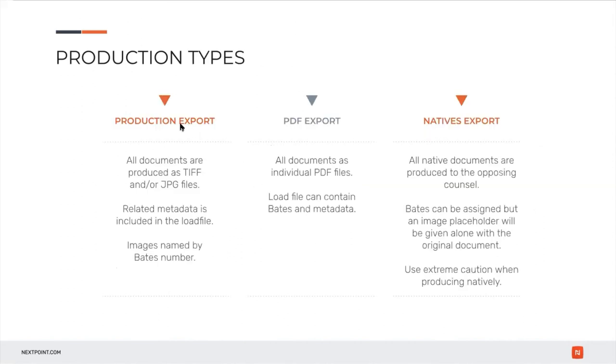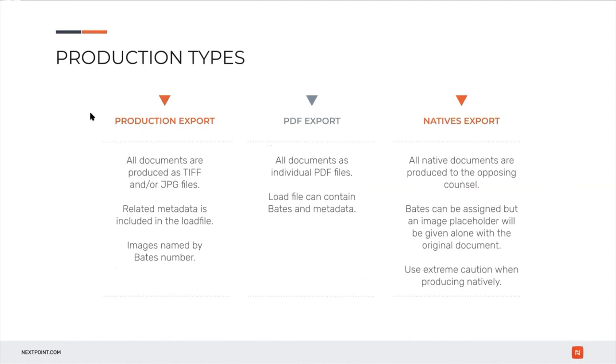And then the production types. We've got 3 different production types. You can create multiple different production types within NextPoint. These are 3 of the most common types. You can also create your own custom types depending on the export template that you customize. Production export is where all documents are produced in TIFF and or JPEG files.